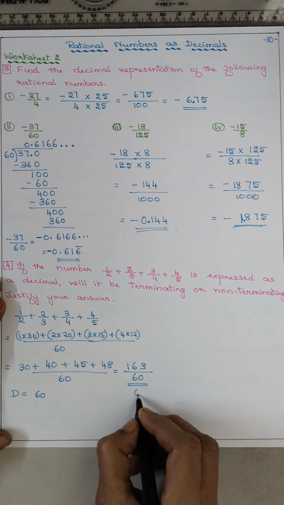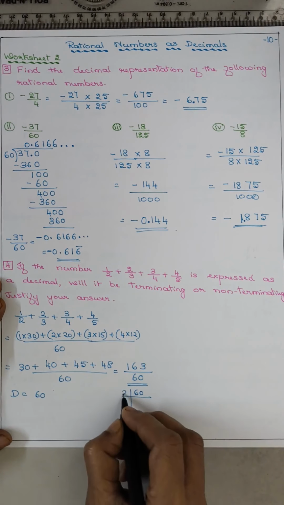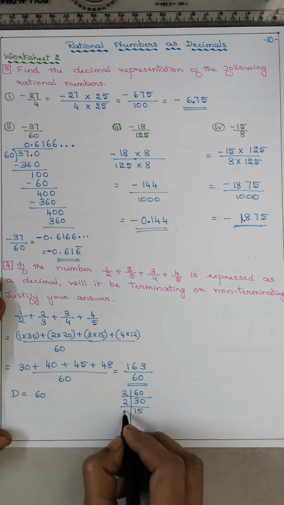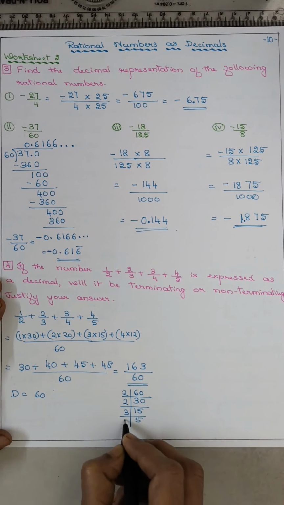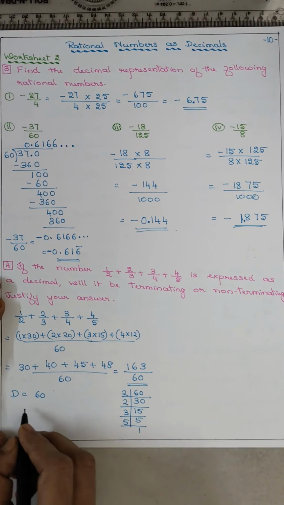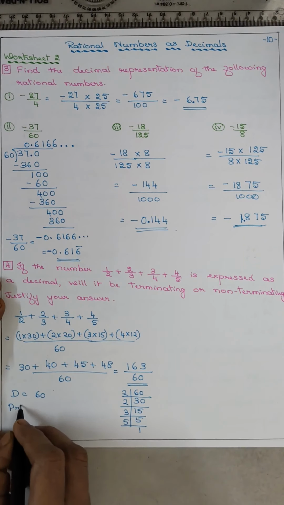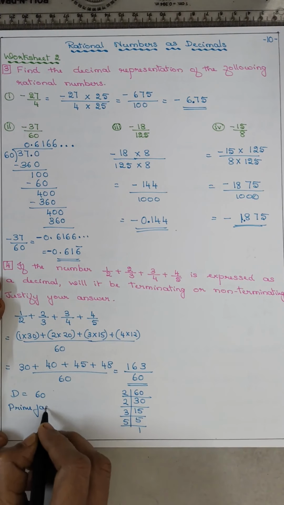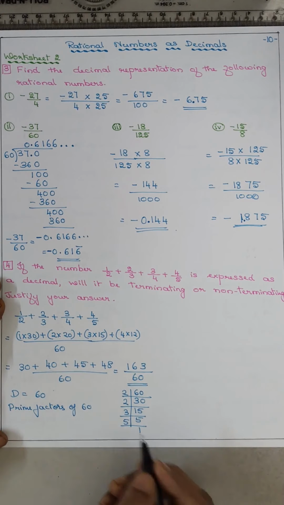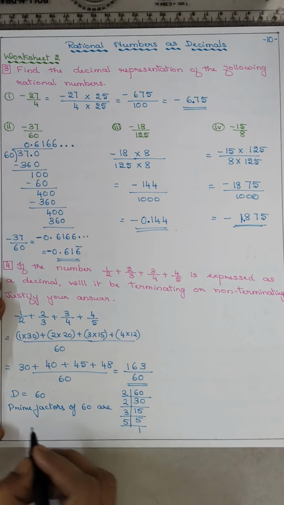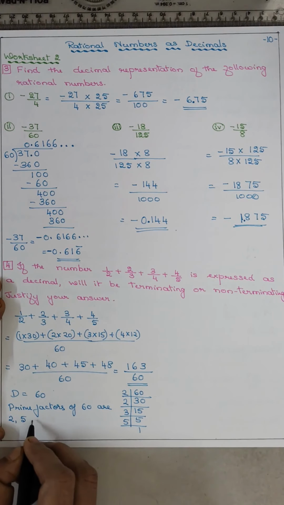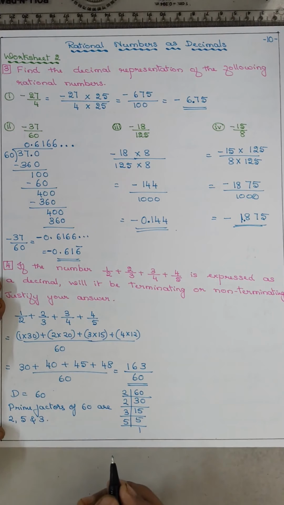Now find out the prime factors of 60: 2, 2, 3, 5. That means the prime factors of 60 are 2, 5 and 3.